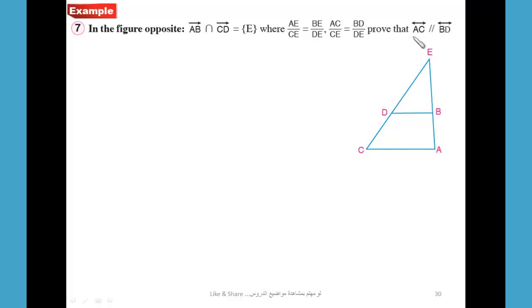Prove that straight line AC is parallel to straight line BD.